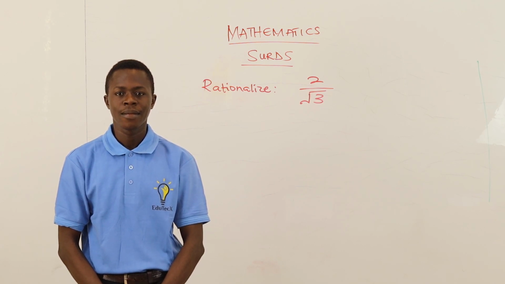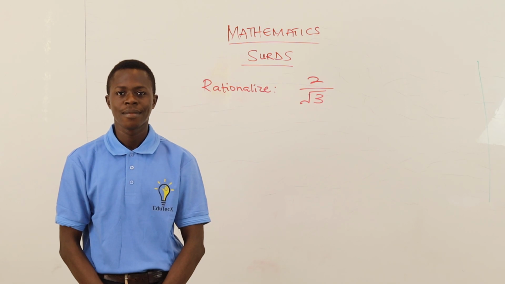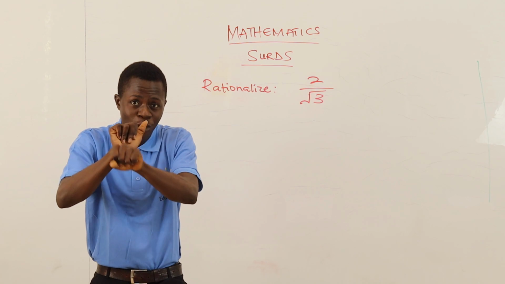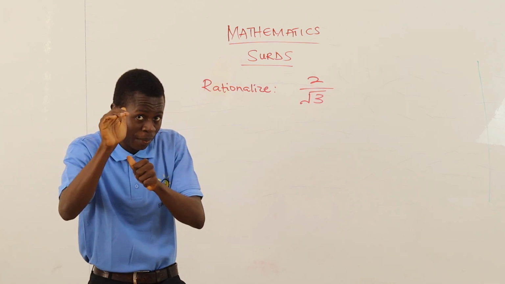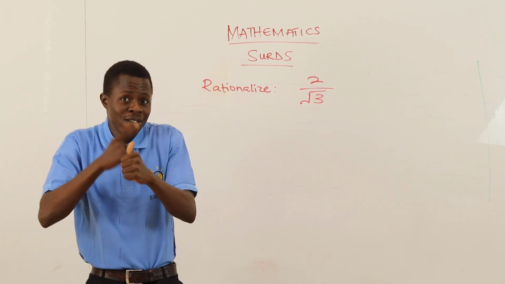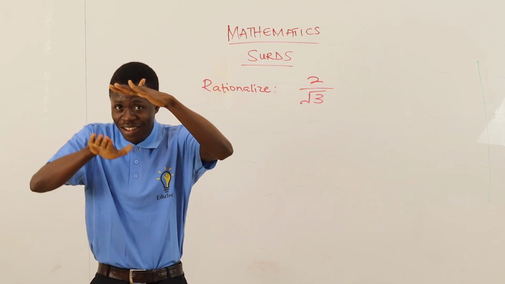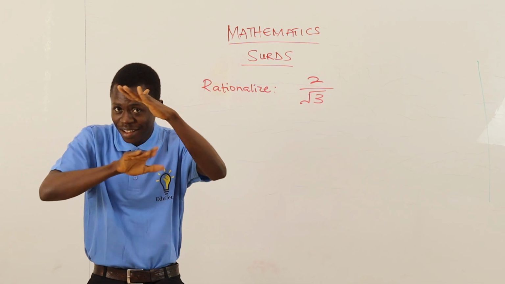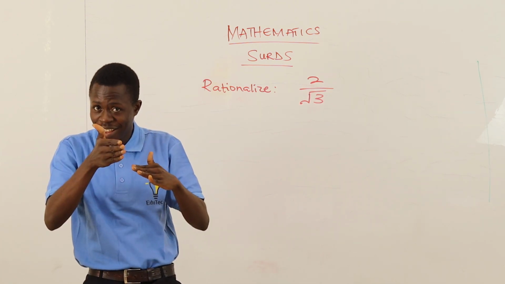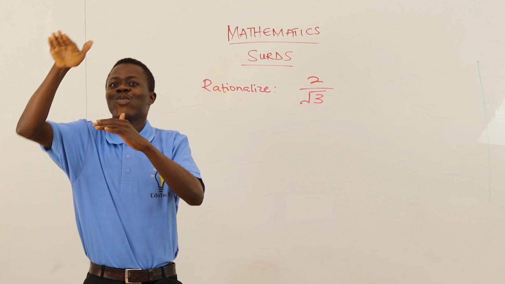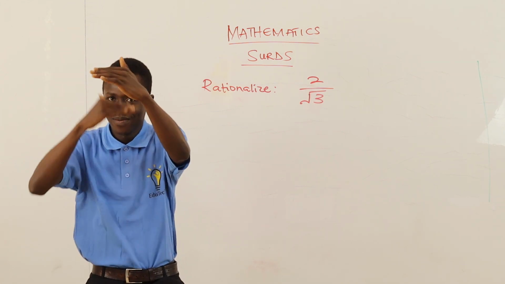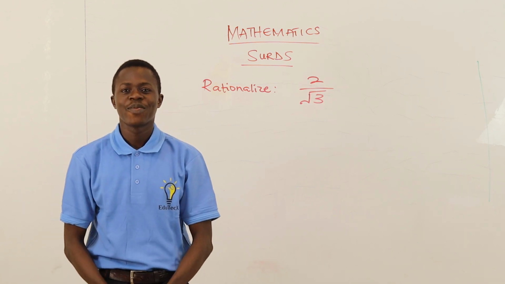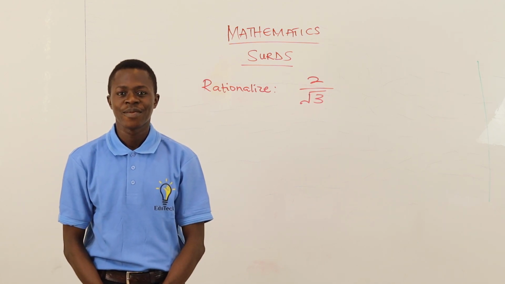Let's see if you can actually follow us with regards to the lesson today. Remember that when you are solving, the first thing you do is to look at the denominator. Look at the denominator. The square root sign there, the surd there, you multiply it by the numerator, then you multiply it by the denominator.